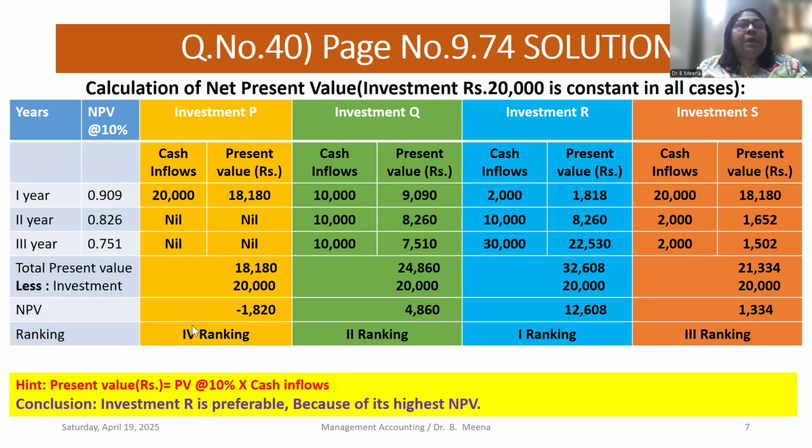But investment P is minus 1,820, that's why it has got fourth ranking. So my conclusion is investment R is preferable because of its highest net present value.